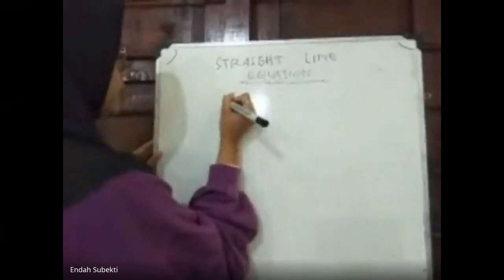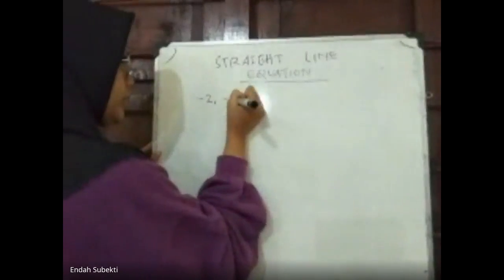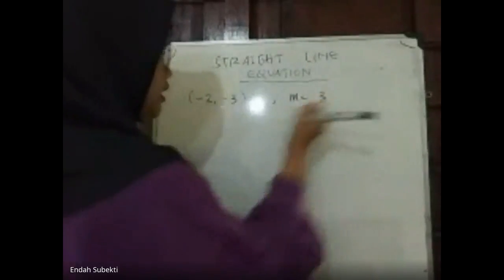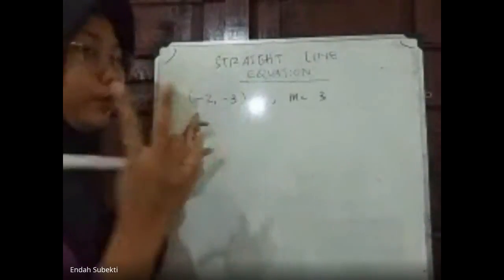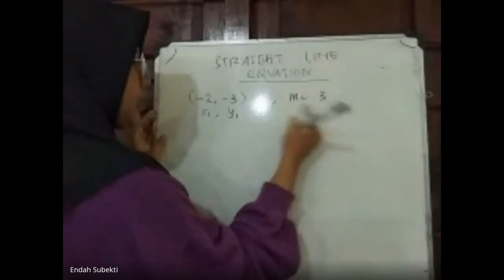I have a point on the line, -2 and -3, and the gradient is 3. So we can remember that this is the point, namely x1 and y1, and the gradient is 3.